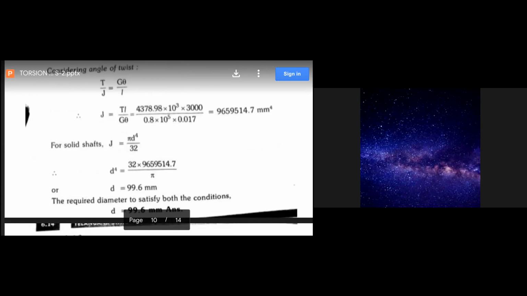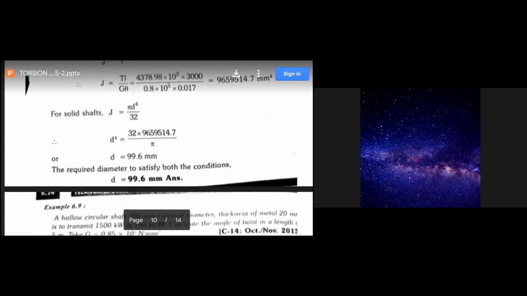9659514.7 mm power 4. And for a solid shaft, polar moment of inertia J is equal to pi d power 4 by 32. So d power 4 is equal to 32 J by pi. So substitute J value, find d power 4, and from that simplified D value you will get 99.6 mm.